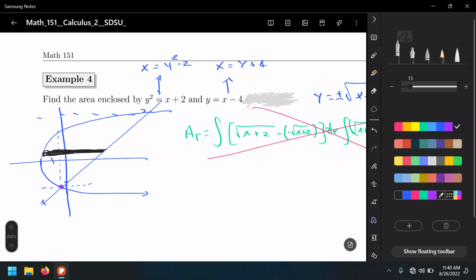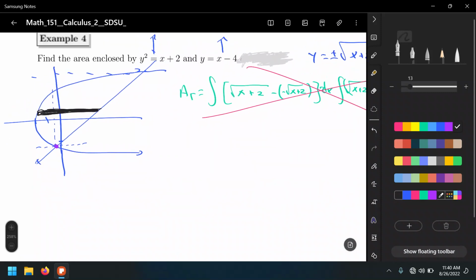Scanning the graph from bottom to top, do you see any sharp corners that require setting up two integrals? Not this time, right? So that's going to make the problem a lot easier.